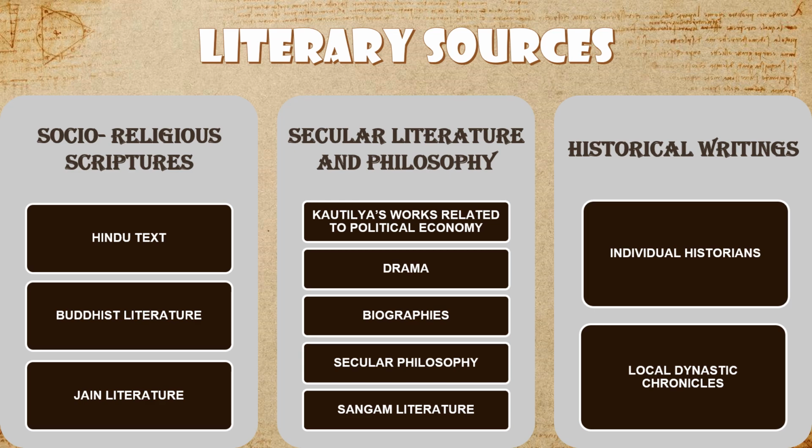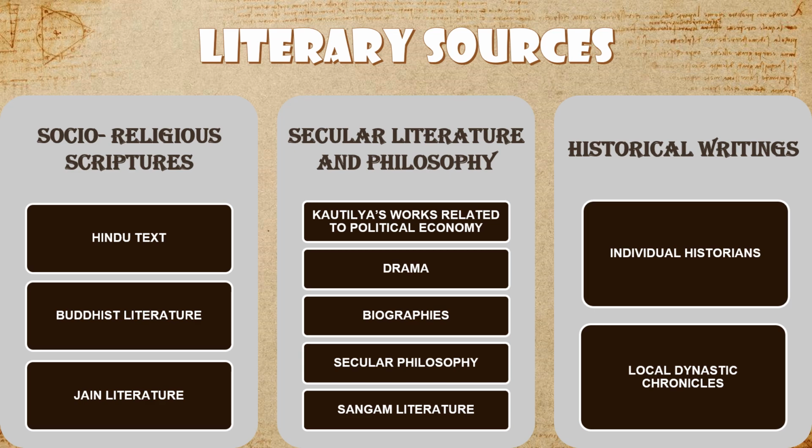Hindu texts are the religious texts such as the Vedas, which are divided into Rig Veda, Sama Veda, Yajur Veda and Atharvaveda. The Brahmanas, the Aranyakas, the Upanishads, which include 108 Upanishads, the Vedangas, the Smritis, and the Upvedas, the epics, which include Mahabharata and Ramayana, the Puranas, and the Shad Darshanas, where we talk about the six schools of Indian philosophy.